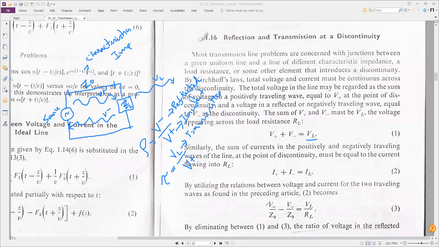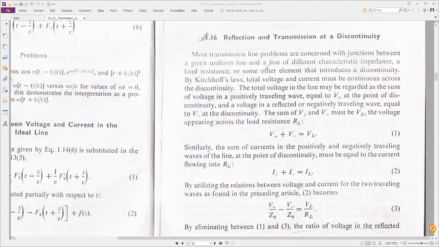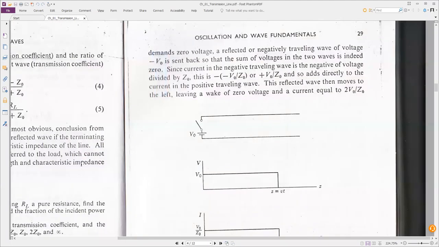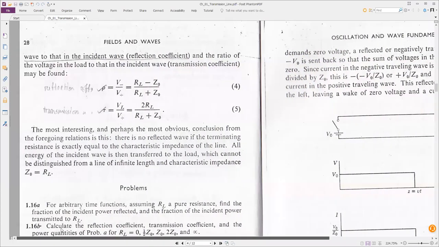Now, let's look at here. What is the equation of the reflection coefficient?